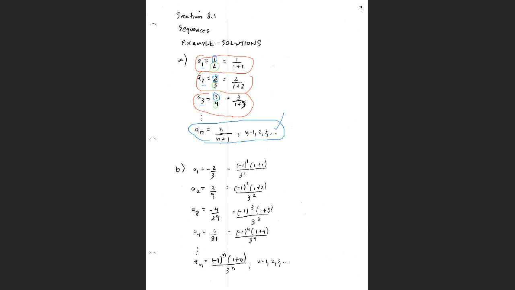So for instance, if you wanted to know what the 100th term is, well, n is 100, so the 100th term is going to be 100 over 101. Now, you could get there also by counting out 100 terms, but I don't think you want to do that, right?